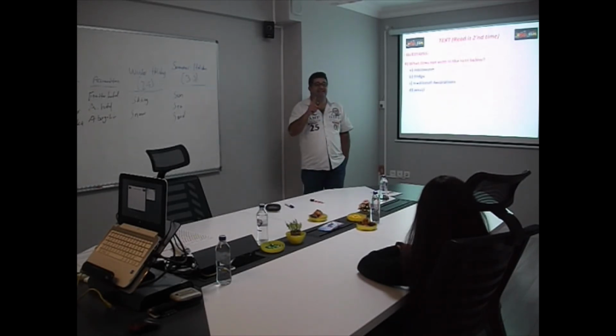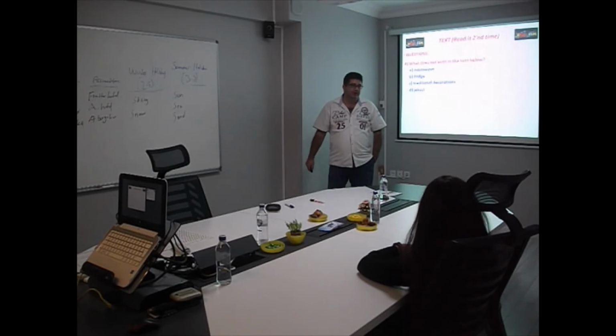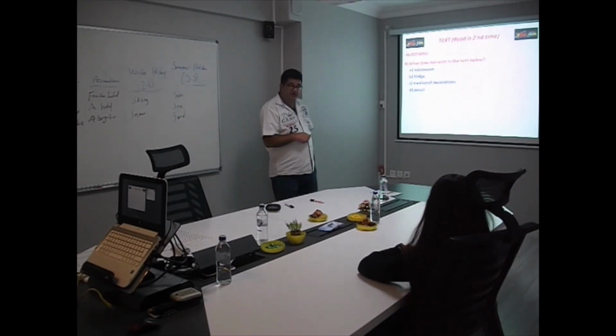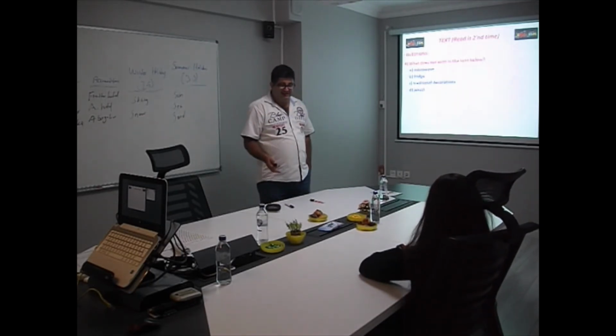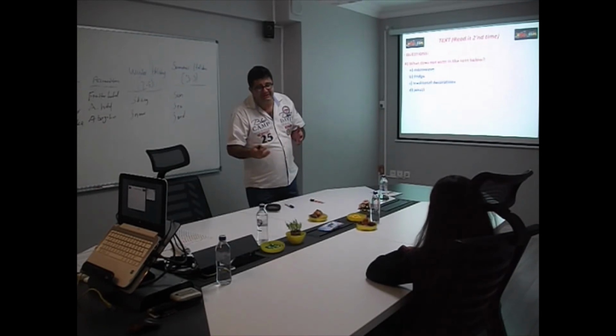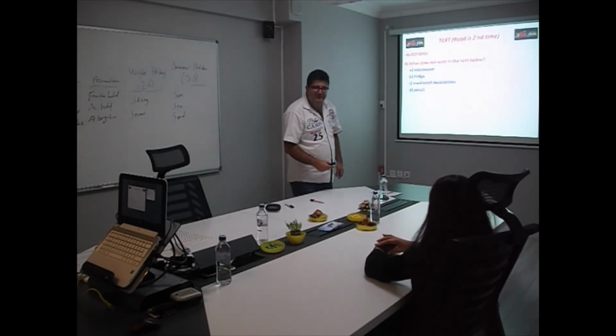Another question. What does not exist in the tent below? Does it have a microwave? No. A fridge? No. A jacuzzi in the tent? No. Traditional decorations? Yes, the tent seemed like a nomadic people's type of house.